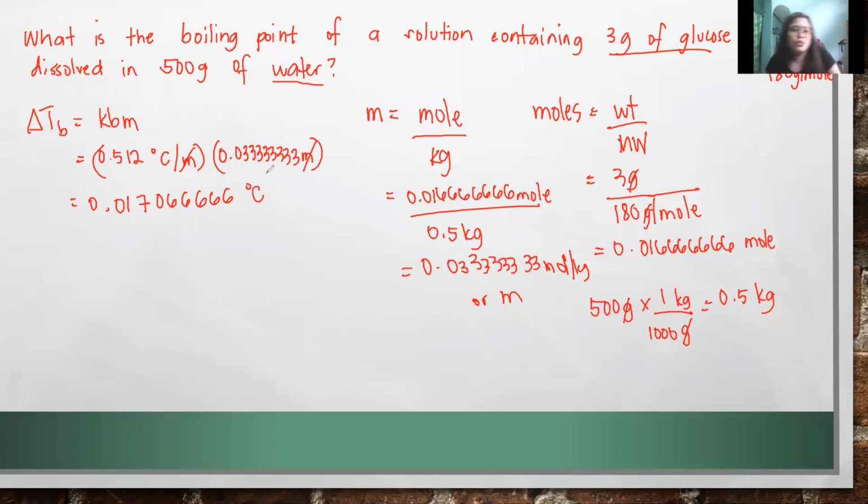degrees Celsius. But we are not yet done because the question is not the change in temperature, but rather it is asking for the boiling point of the solution. Therefore, we need the second formula, which is the final boiling point is equal to the change in your boiling point plus the initial or the original boiling point.